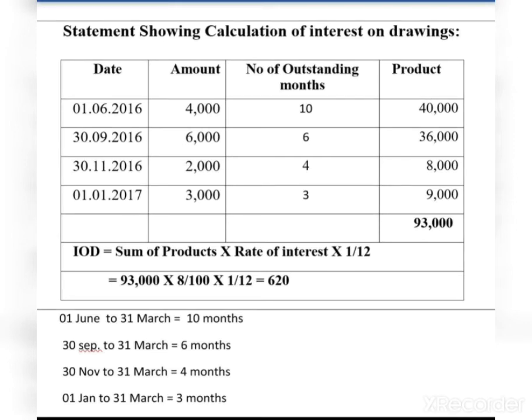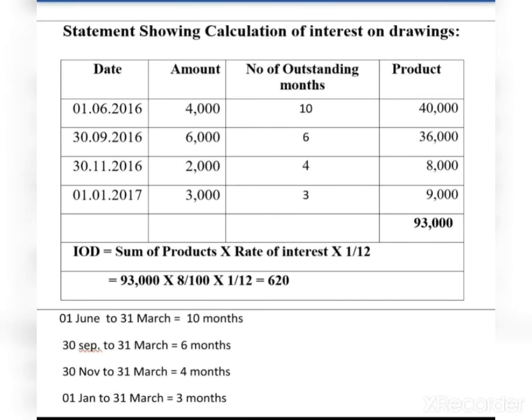Third time she withdrew on 30th November 2016. This time also she withdrew on the last date of the month, November's last date. That's why we will exclude the November month and start the calculation from December, January, February, March, means 4 months.